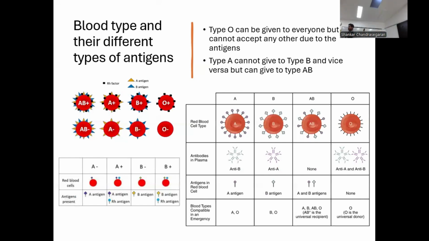Okay, let's point out why. So first thing to remember: you'll do best to remember these two phrases.